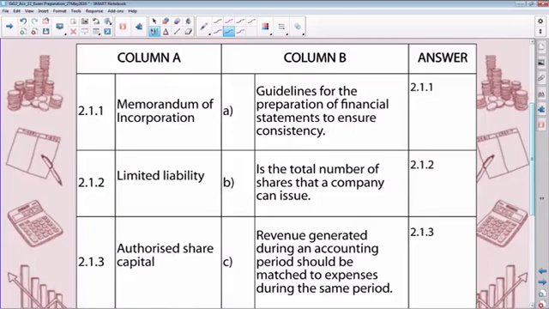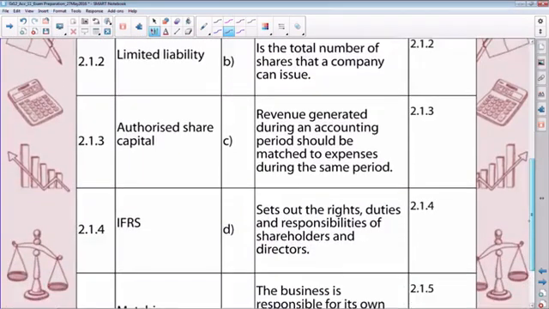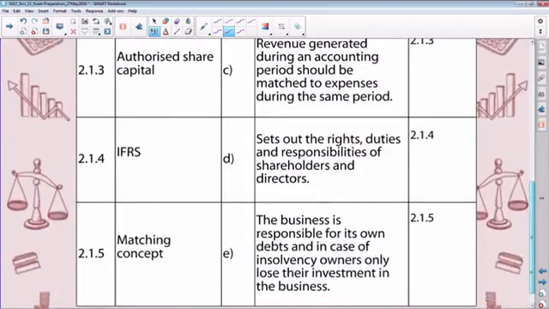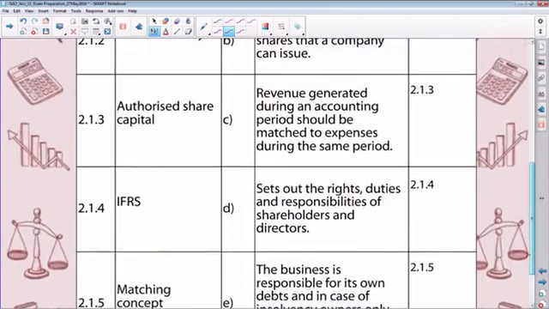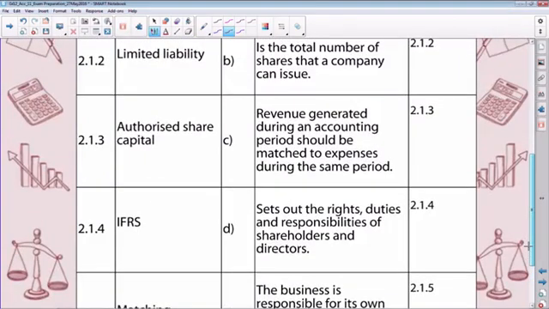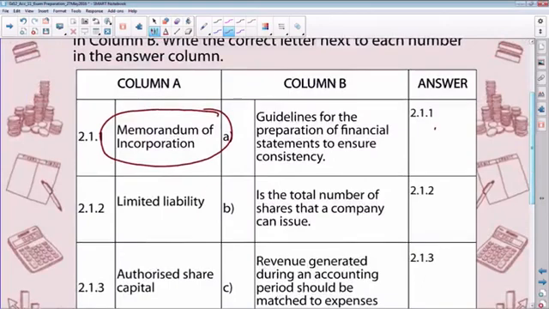If I say memorandum of incorporation, what do you think it would be? I would align that one with, it sets out the rights, duties, and responsibilities of shareholders and directors. So immediately, my correct answer here would be D.